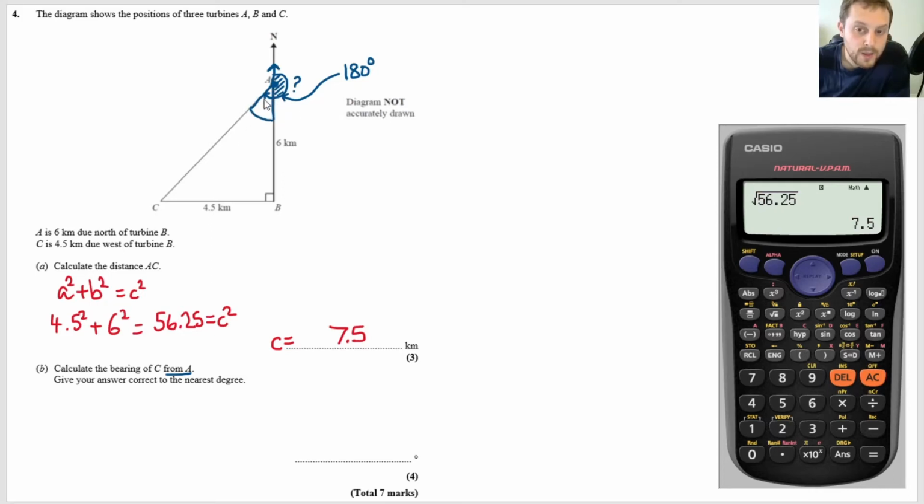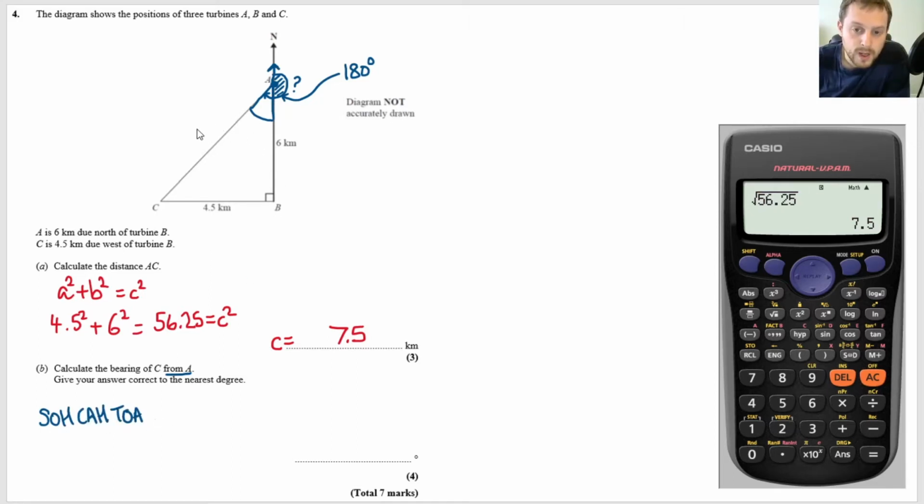If you can work out this missing angle and add it to 180, you've got the answer to part B. But notice something. This is a right angled triangle. You're looking for an angle, and you know two sides. So we're going to use SOHCAHTOA.